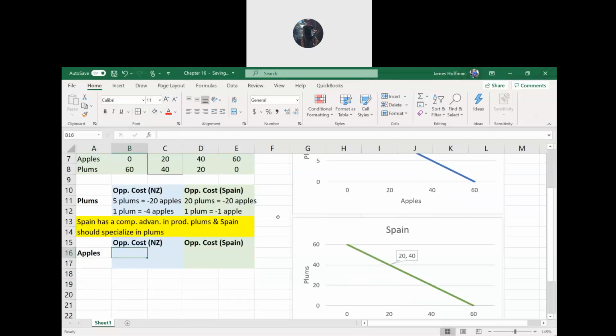All right, so let's do it for apples now, and then determine the specialization in apple production.